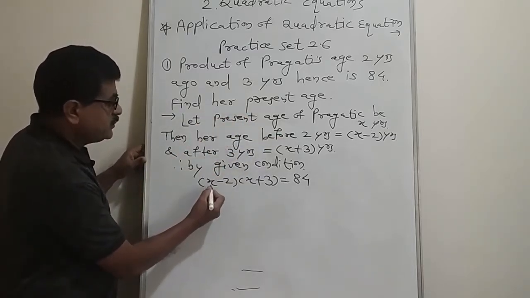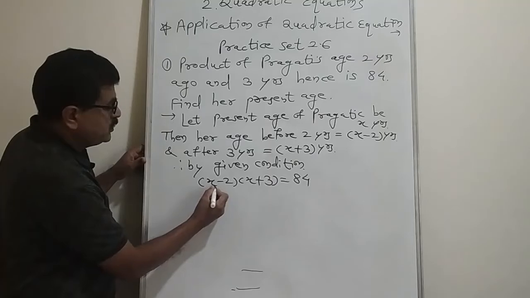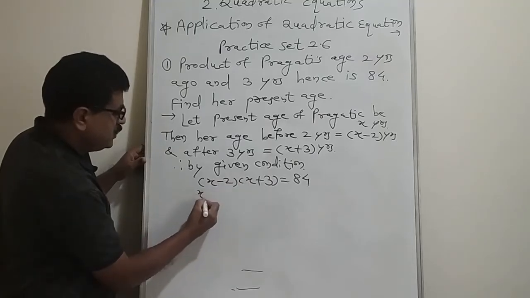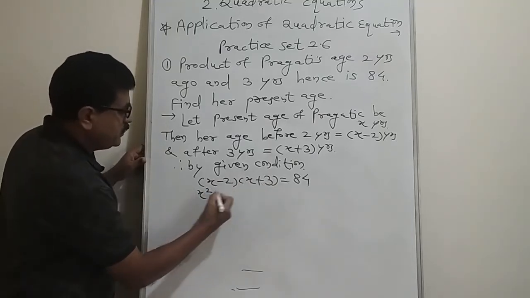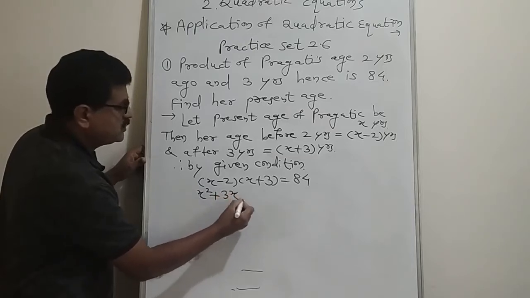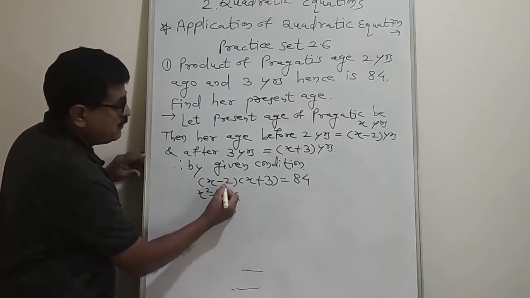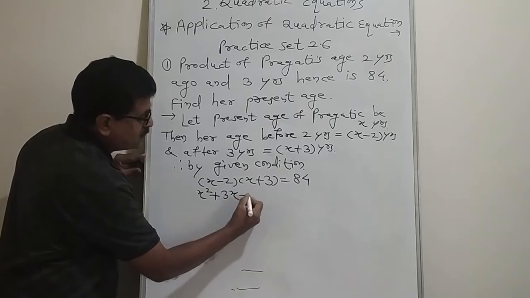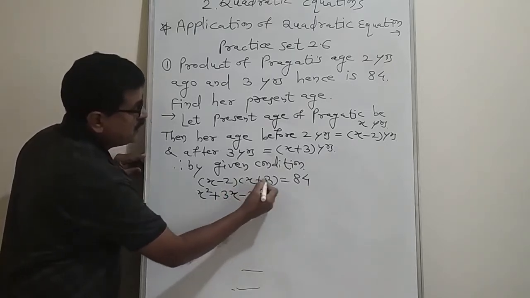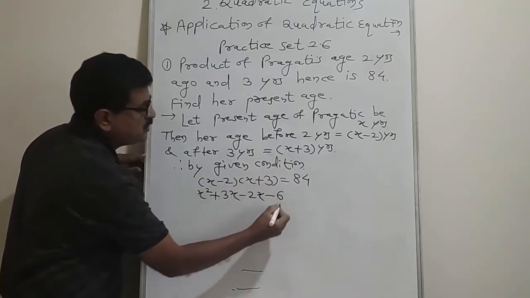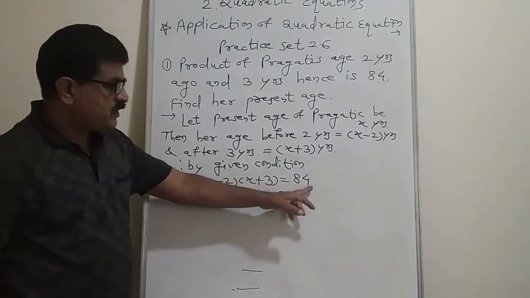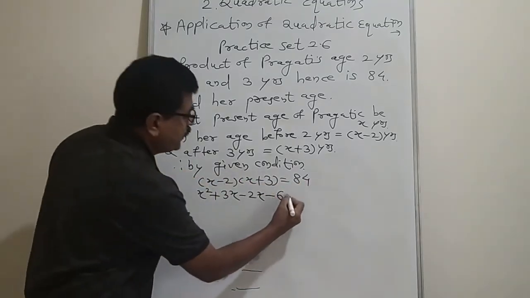Therefore, taking multiplication, multiplying by X: X into X is X square, X into 3 is plus 3X. Multiplying by minus 2: minus 2 into X is minus 2X, minus 2 into plus 3 is minus 6. Now transfer this term to the left hand side.